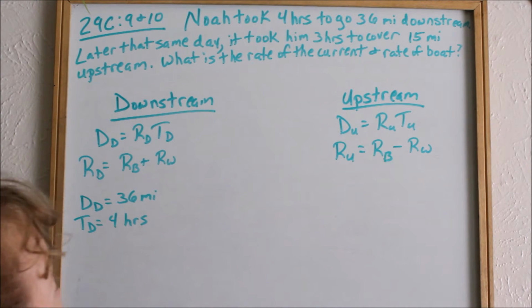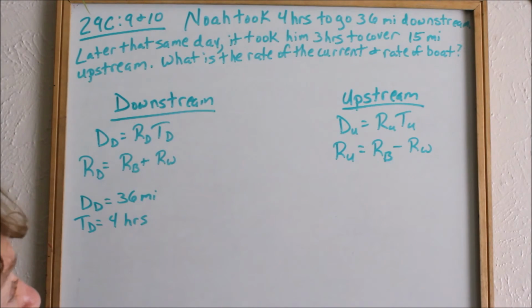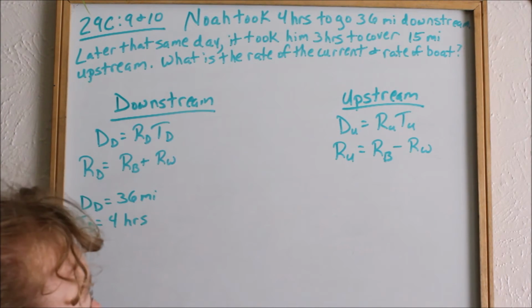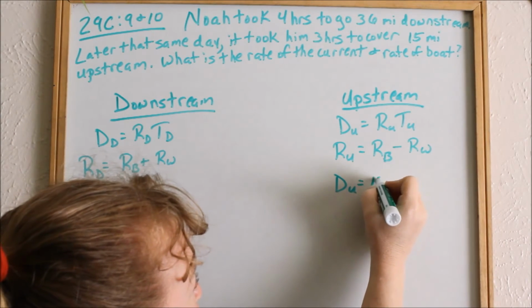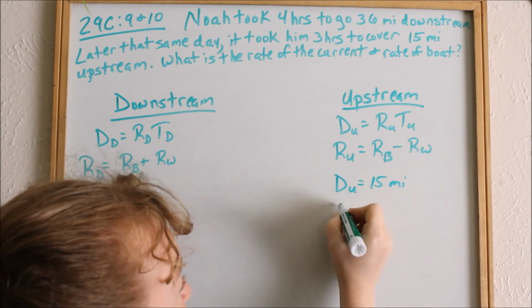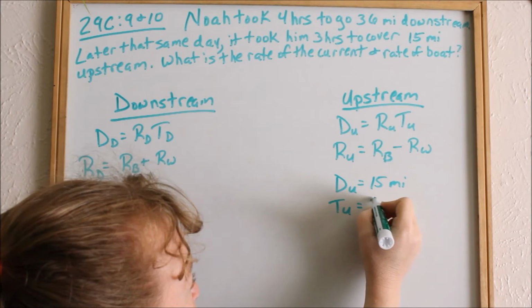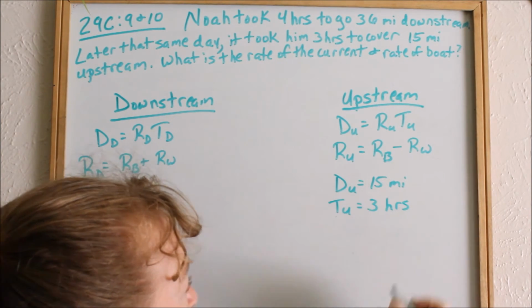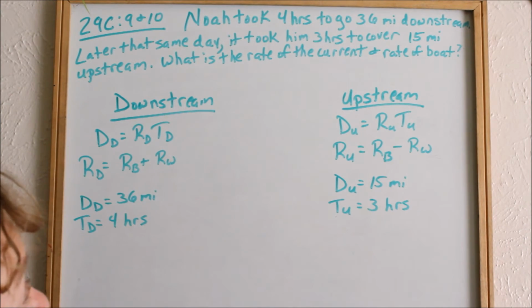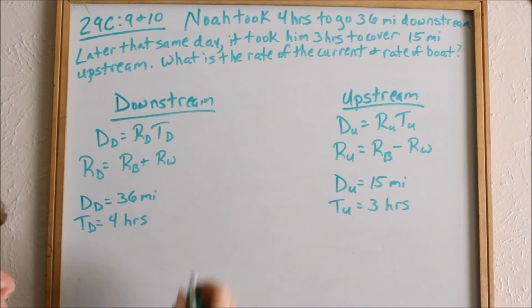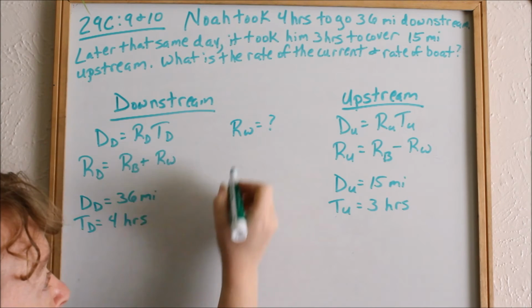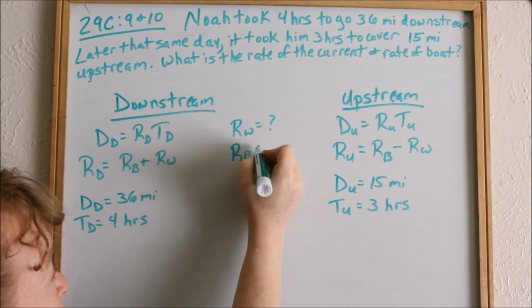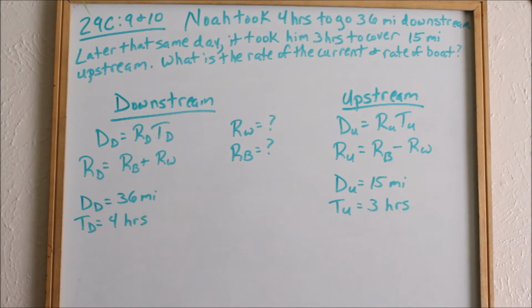Then it says, later that same day, it took him 3 hours to cover 15 miles upstream. So our upstream distance is 15 miles, and our upstream time is 3 hours. Then it says, what is the rate of the current and the rate of the boat? We want to know the rate of the water and the rate of the boat.